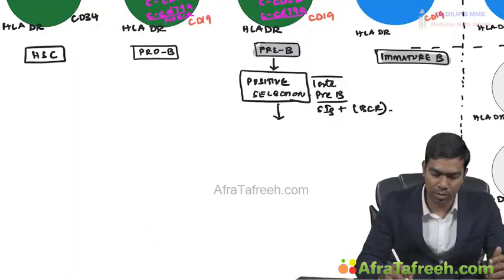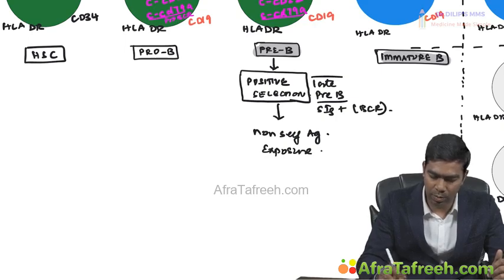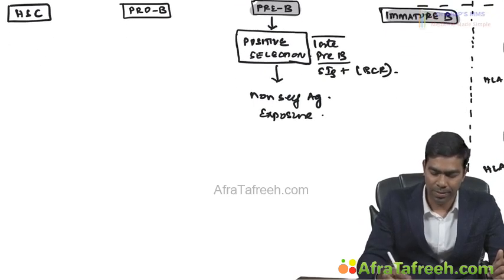I told you the idea of positive selection is to know whether the receptors are functional or not. We saw this in the T cell basics itself. Here we need to know whether the B cell receptor is functional or not. How will you know that? They are exposed to certain antigens, which are generally non-self antigens.